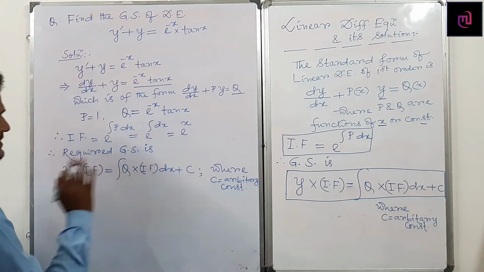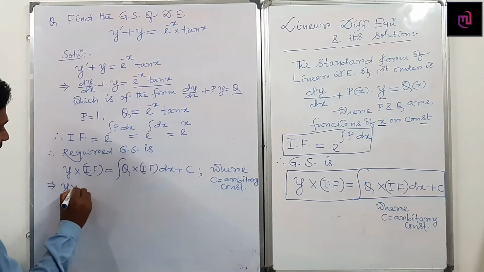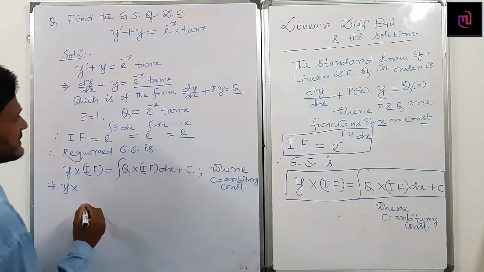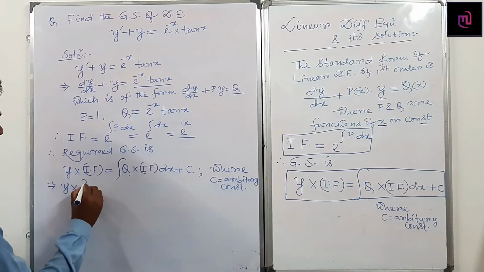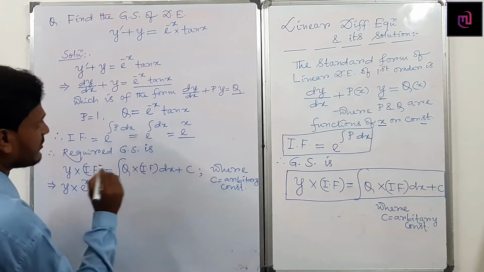So here replace the value. Y into, what is the integrating factor? The integrating factor becomes e to the power x. So y into e^x equals Q into integrating factor. What is Q?